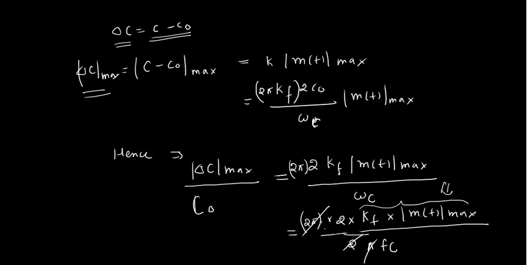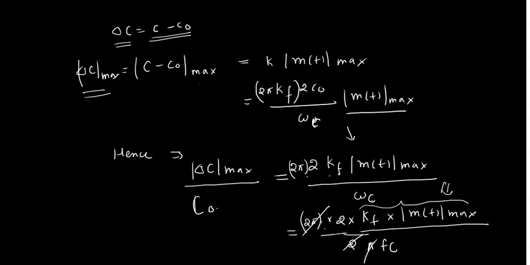So the max capacitance deviation will be this. The max capacitance deviation is nothing but K m(t) max, and if we replace the value of K from this equation, we get 2 pi Kf C naught by omega C times m(t) max. Similarly, we just take C naught here, so delta C by C naught is 2 pi times 2 Kf m(t) max upon omega C.